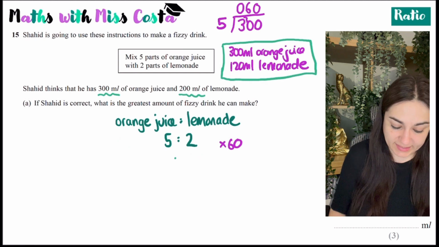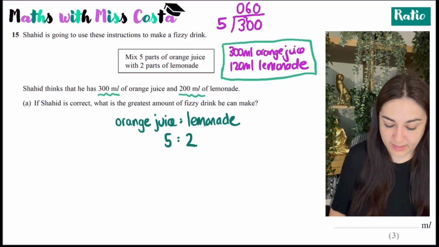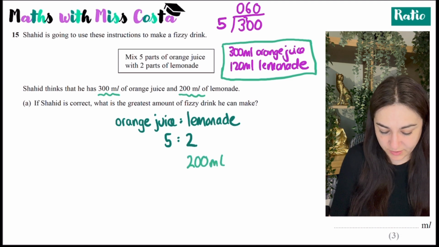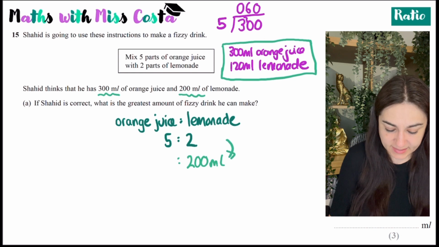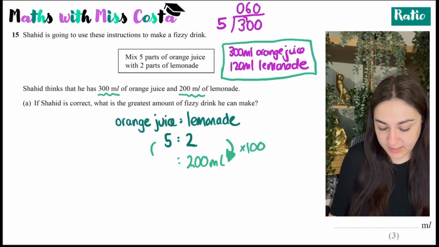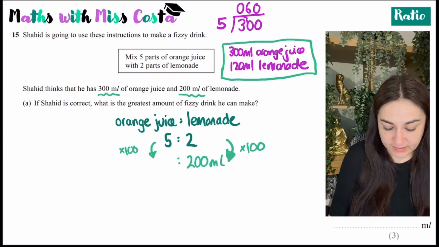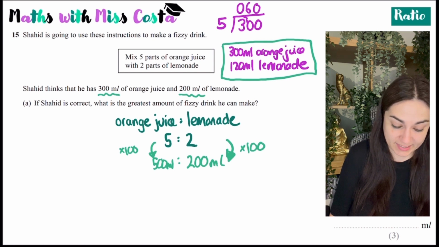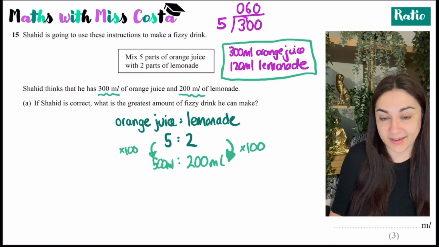Now I want to do the same for lemonade and see whether there's enough. He has 200 millilitres of lemonade. So what do I multiply 2 by to get to 200? That would be 100. So 5 times 100 would be 500. So if he uses the full 200 millilitres of lemonade, he's going to need 500 millilitres of orange juice, which he doesn't have.